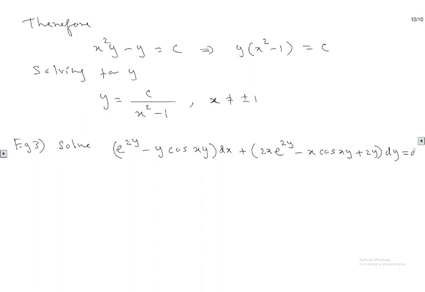This is a little long one. This problem is actually taken from the Zill book. So we're going to say a note.